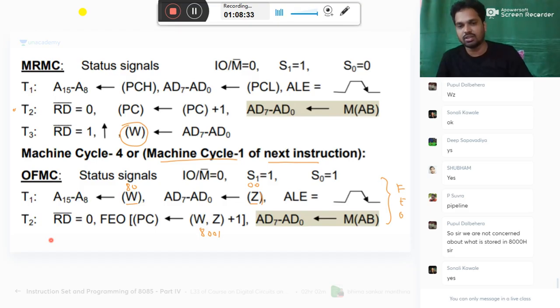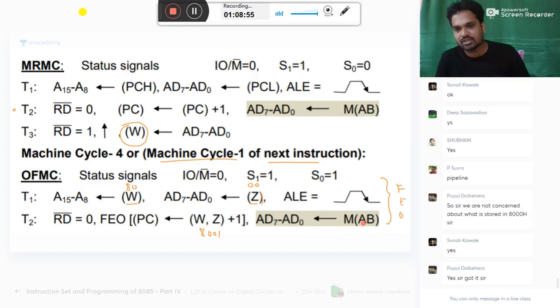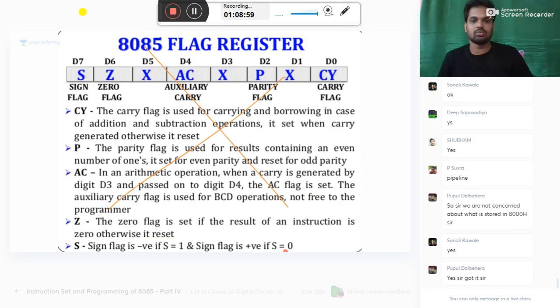In T3 we will be reading that. Whatever is at that address will be loaded to the address bus. In T3, the data bus will give it to the instruction register. That will happen in parallel and is not disturbed at all. Only the address bus is given 8000. Then the job is done. Whatever is in 8000 is the job of the next instruction, not ours. Okay, next.